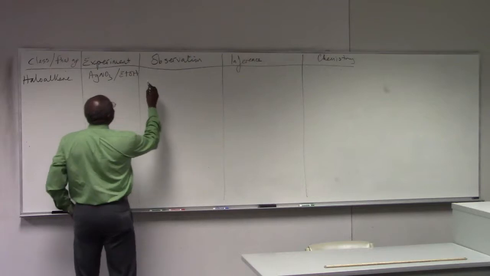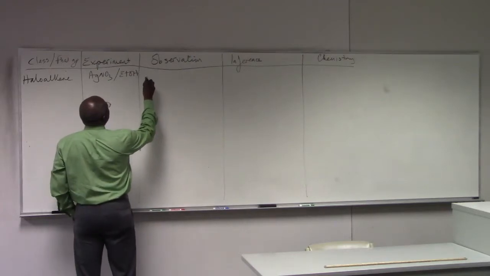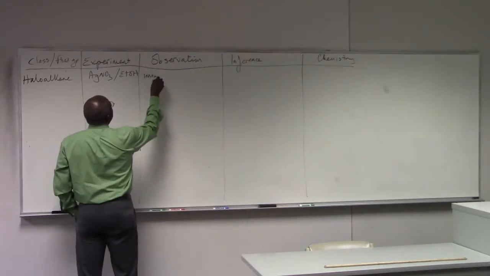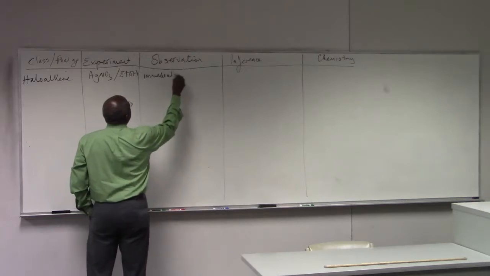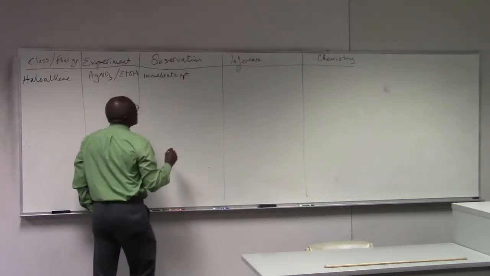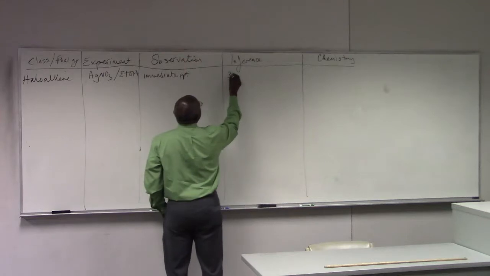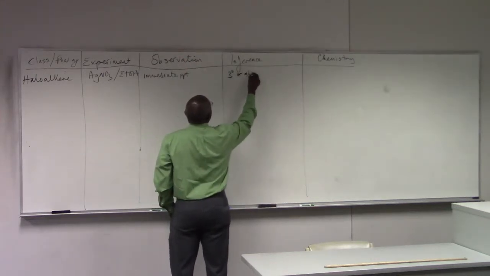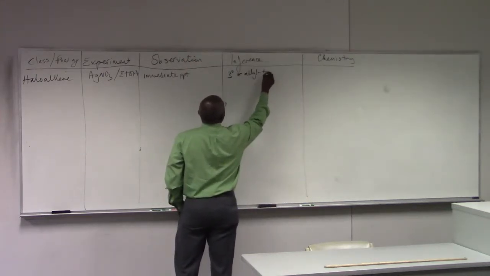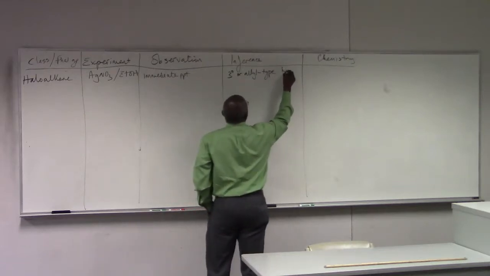Now, if I get an immediate precipitate, that implies we're dealing with a tertiary or allyl type halide.